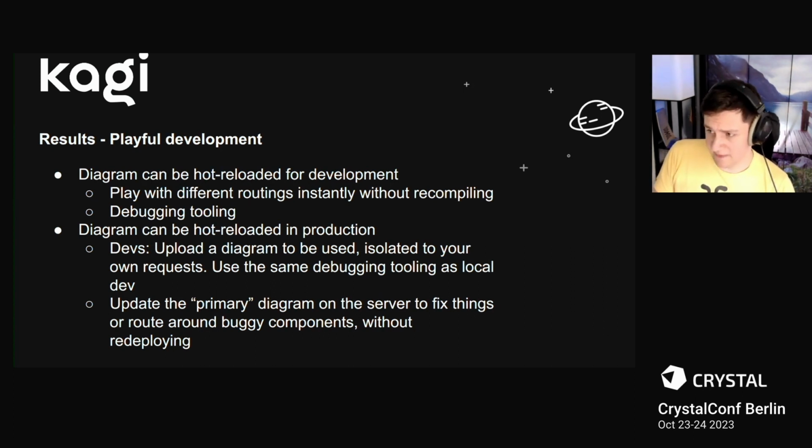As an admin developer on the production website, you can upload a personal diagram to be used, isolated to your own requests, and access the same debugging tools they have locally. And we can also update the primary diagram used for all requests to toggle certain code paths, fix things, or route around buggy components without having to redeploy at all.